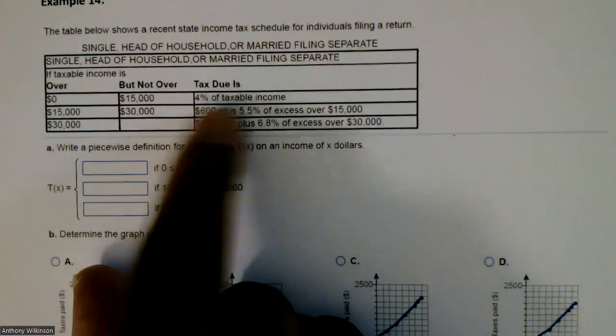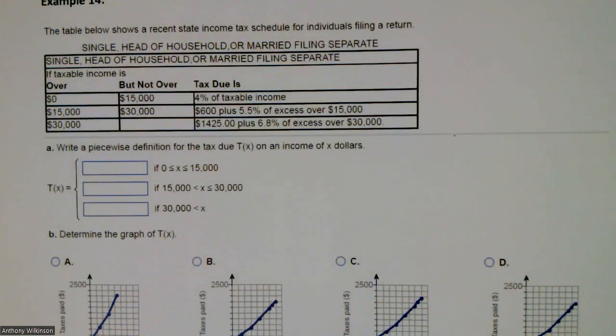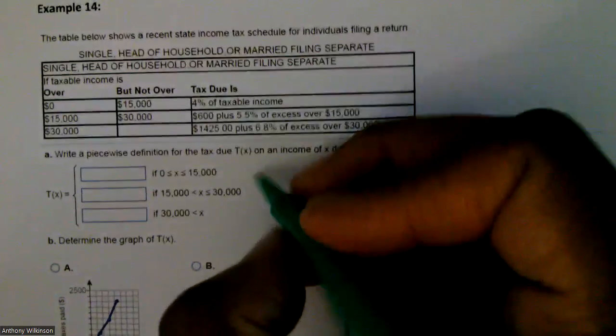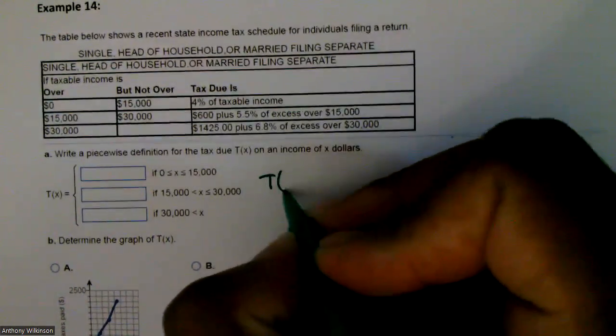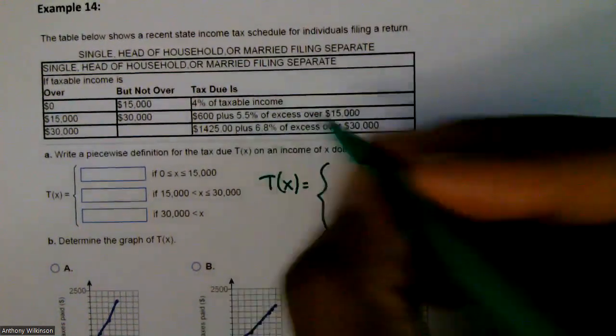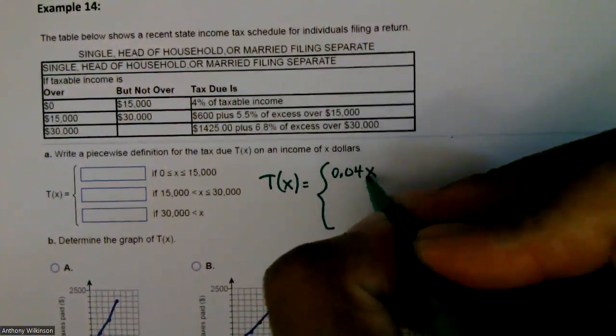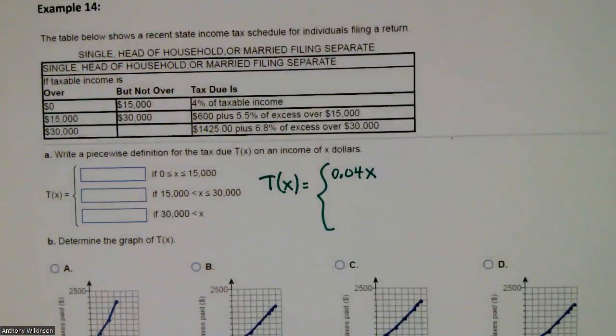In this case, we're going to start with the first row, from $0 to $15,000. The tax due will be 4% of your total taxable income. That one's going to be easy to write because we're only going to take 4% of your taxable income. So T of X will be, 4% as a decimal is 0.04, times X, where X is your taxable income. That's the first piece.